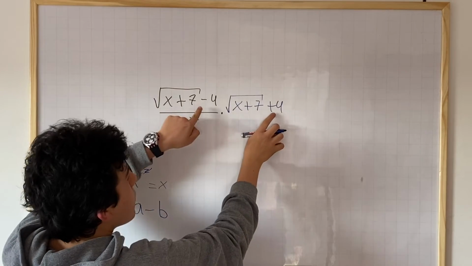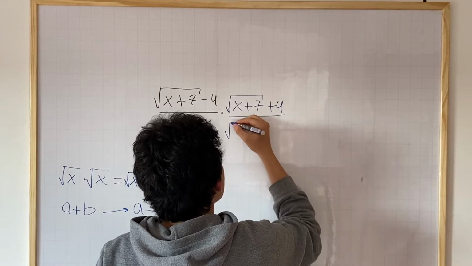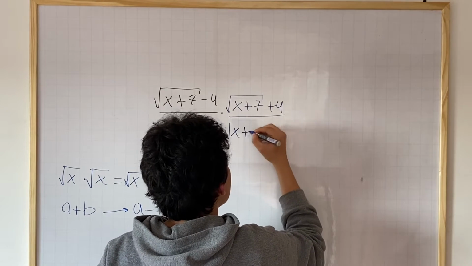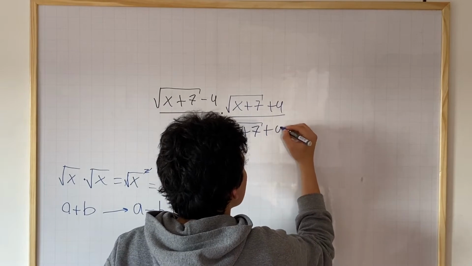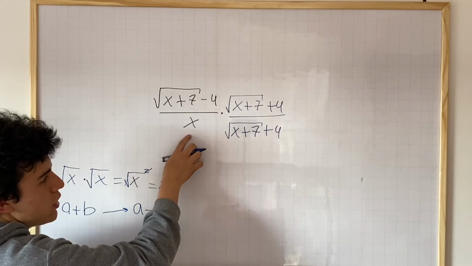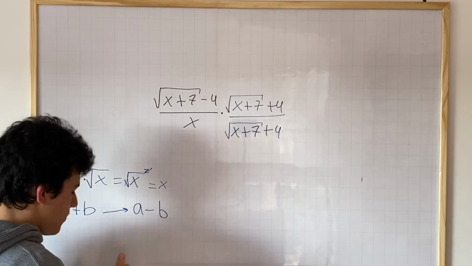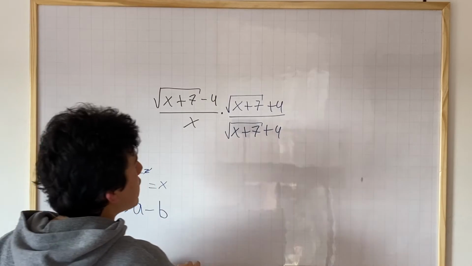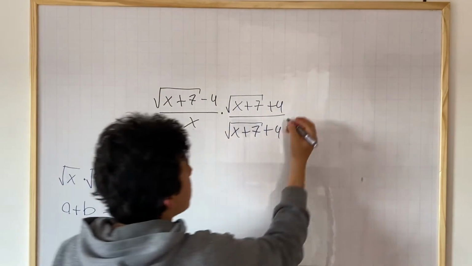Plus 4, remember we're switching the signs, over the same thing, the conjugate of the numerator in our previous expression. Plus 4. If you see, we're not changing anything in the initial expression, because this is simply multiplying by 1. So now we can continue to simplify this, and you see how this radical goes away.